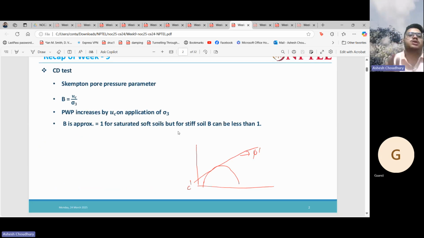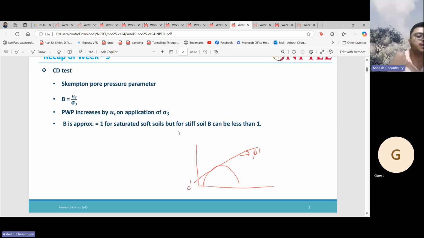Then we saw the pore pressure parameters, the B parameter and the A parameter. The B parameter is related to the first stage, where we apply the sigma 3 cell pressure; how much increase in pore water pressure happens with the application of cell pressure is given by B. If B is very near to 1, that means the soil is almost completely saturated.